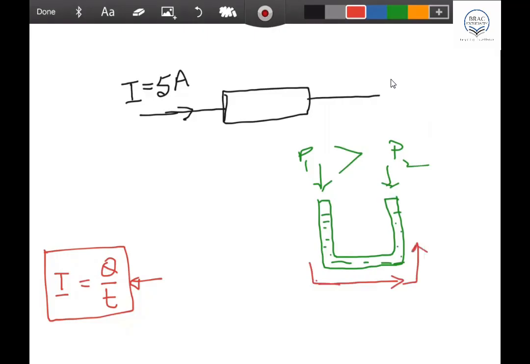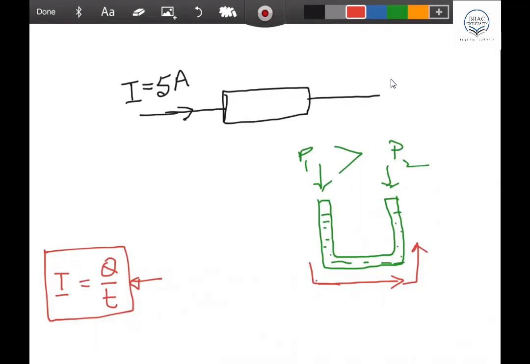The pressure difference means the water should flow. You can think the water is electrons, and P1, P2 is voltage, pressure, potential difference. So P1 is E1 and P2 is E2. The pressure difference means the voltage difference. If there is a voltage difference, the current will flow, electrons will flow.